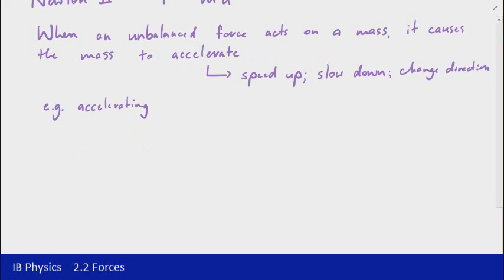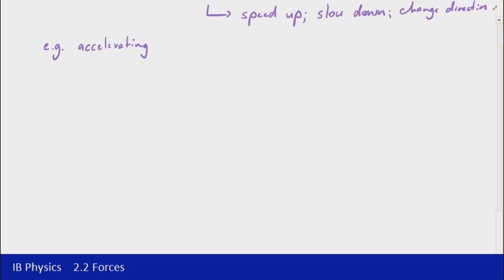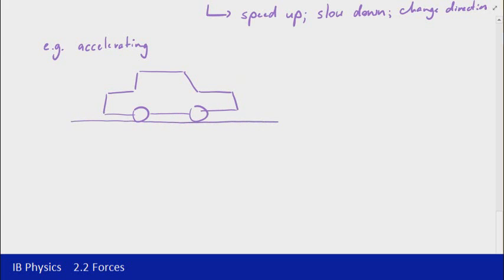If we look at this example again of a car driving along, in this case we're going to have the car accelerating. So that means that all the forces that we're going to consider, we will again have the weight force down being balanced by the force of the road pushing back up.